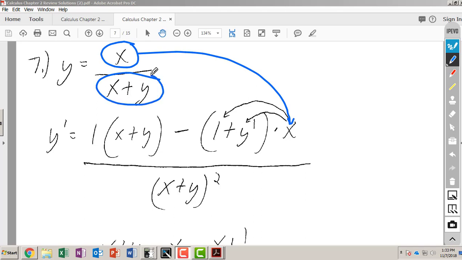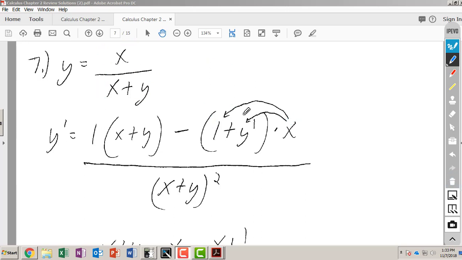So the derivative of this x becomes 1, and this derivative of y is also 1. And since I am now just taking the derivative of y, I have to write y prime. And then this is going to be all over my denominator squared. So now I've got y prime equals 1 times x plus y minus 1 plus y prime times x.